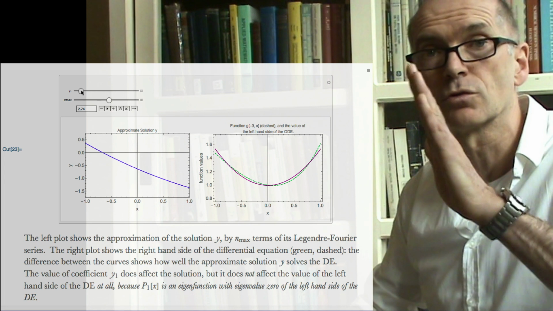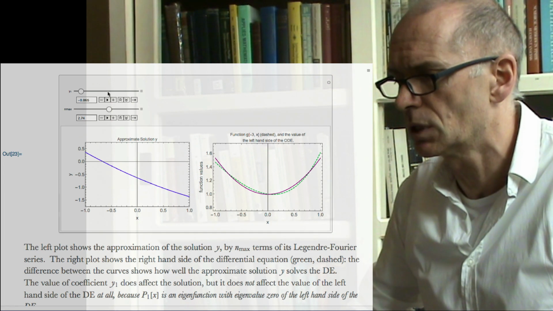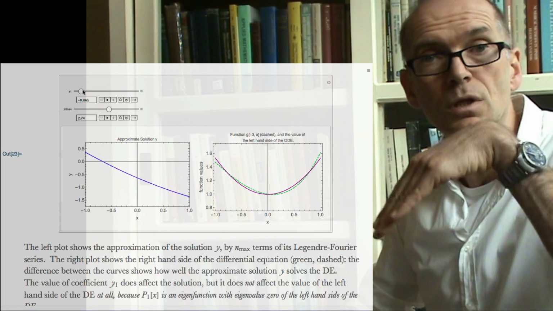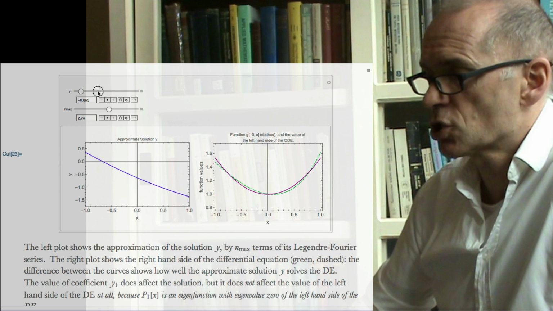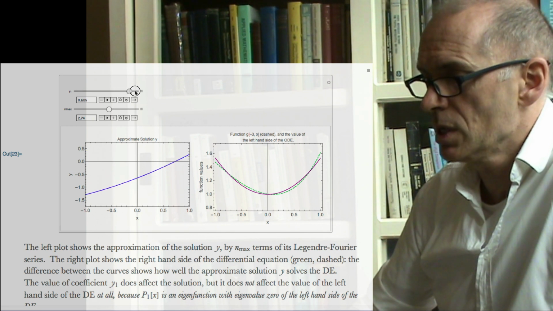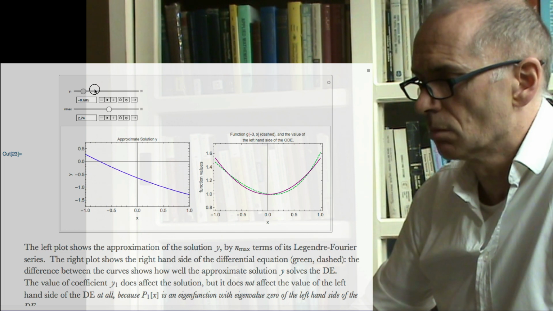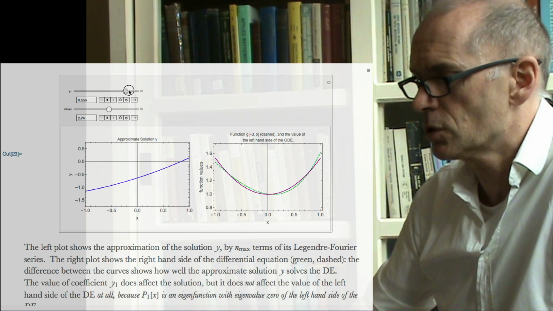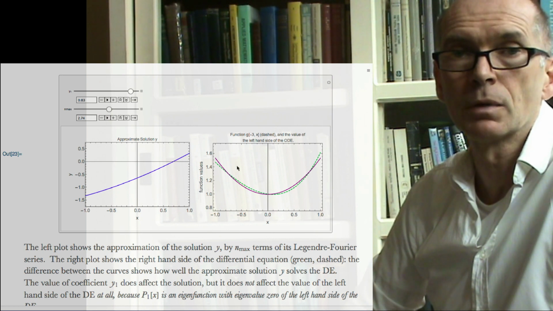So I add the function x more or less with maybe a negative or a positive coefficient. We can see, so negative. You see the tilt of the function y. So I can change the function y, the solution y, in this way. You can change this about, but it does not have any influence on what happens in the right-hand plot. It does not have any influence, and that makes sense.